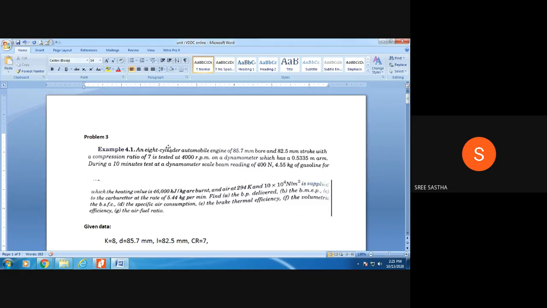By reading the question, you will not understand whether it is a 4-stroke or 2-stroke. But we can assume, as a conventional problem, it is a 4-stroke, because a 2-stroke engine is used in bikes only, whereas 4-stroke engine applications are far more common.